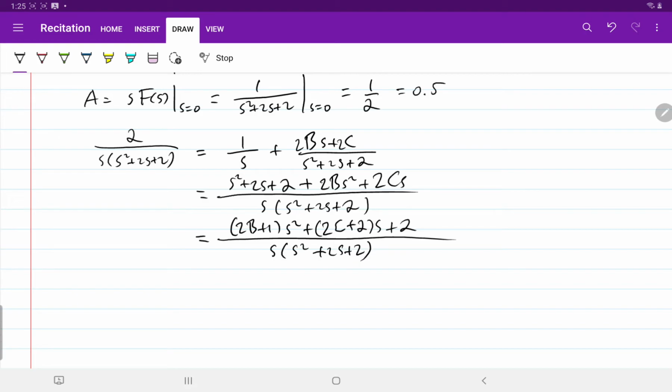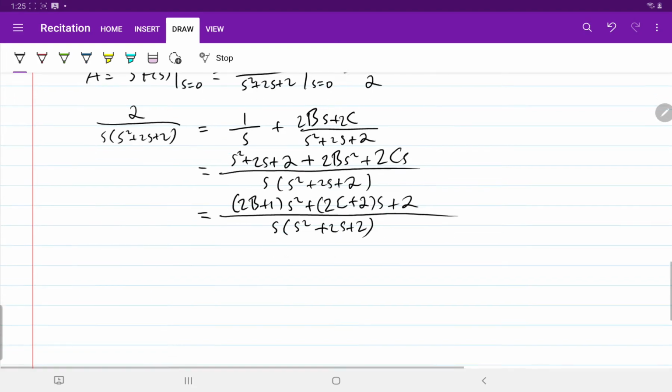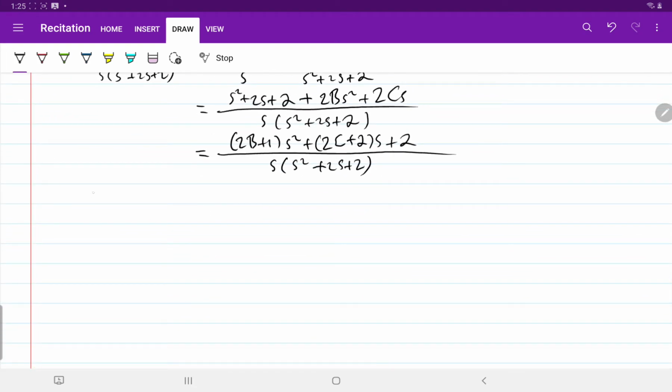If you compare this fraction and that fraction, the terms on the s squared and s must be equal to 0. So 2b plus 1 must be 0, so b must be minus 1/2, and then 2c plus 2 also should be 0. That means that c is minus 1.